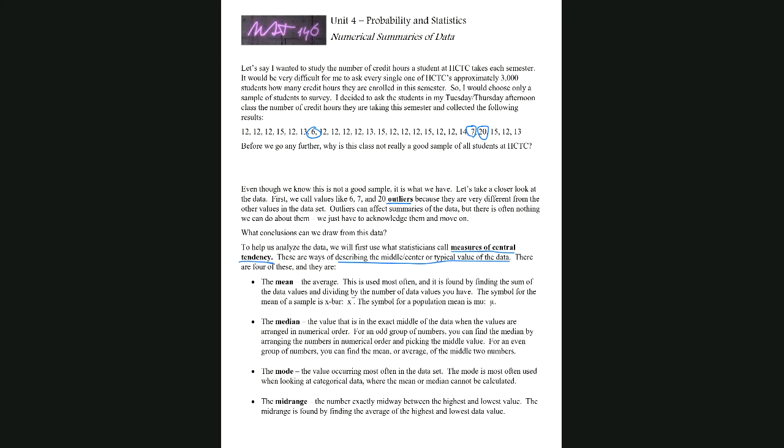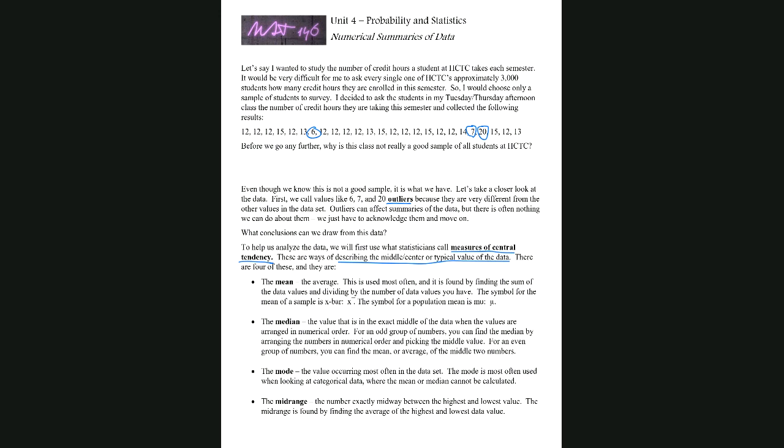So the mean is the average, and I'm sure you've found the average of something before. This is used most often. It is found by finding the sum of the data values and dividing by the number of data values you have. The symbol for the mean of a sample is x bar, and it's just x with a little bar over it.